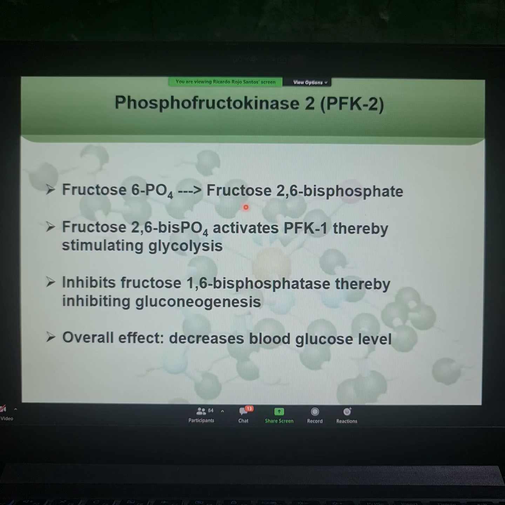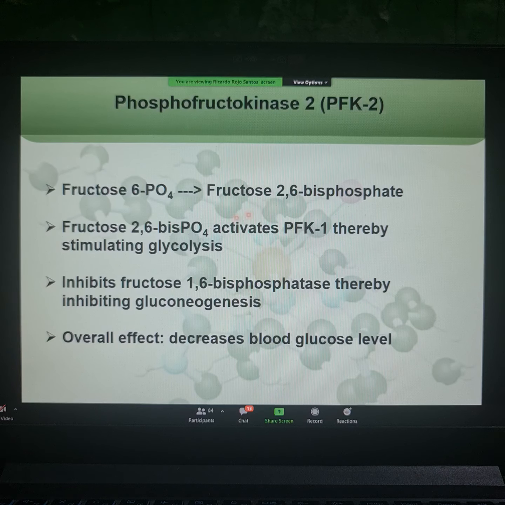And what is the significance of this product? Okay, fructose 2,6-bisphosphate activates phosphofructokinase 1, which is the rate-limiting step in glycolysis, thereby stimulating glycolysis. If you stimulate glycolysis, you stimulate utilization of glucose by all cells of the body, because glycolysis is found in all cells of the body, and therefore that will decrease the blood glucose level.